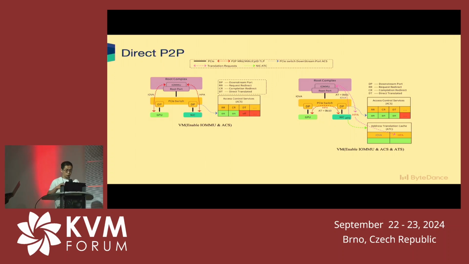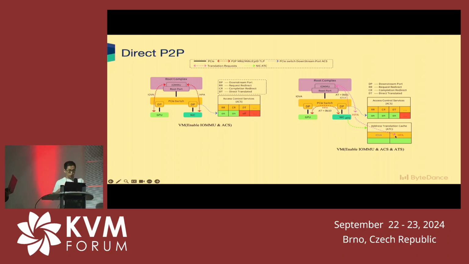The IOMMU will receive this request and translate the IOVA to HPA. After translation, it will respond with a TLP to the NIC. The NIC will receive this response and store the IOVA to HPA mapping into its local cache.